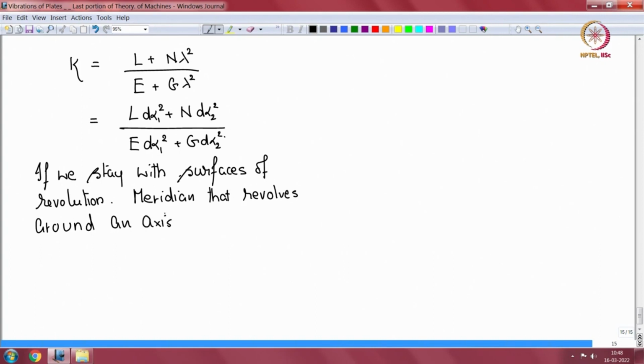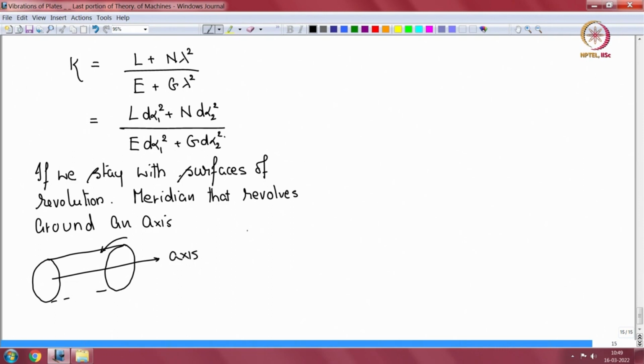So for example, cylinder: if this is my axis, and this is a line, if I make this line rotate around this axis, then I get a cylinder.